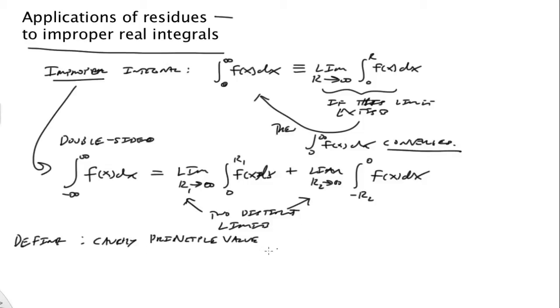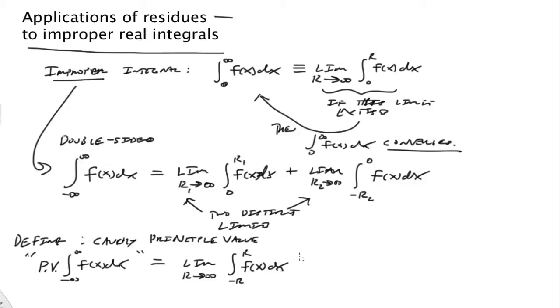A Cauchy principal value, which we actually call, we put this symbol PV, and then we put the integral as follows, and this needs to be thought of as, in quotes, that whole thing, and that's equal to the limit as r goes to infinity, a single r, of the integral from negative r to r of f of x dx.